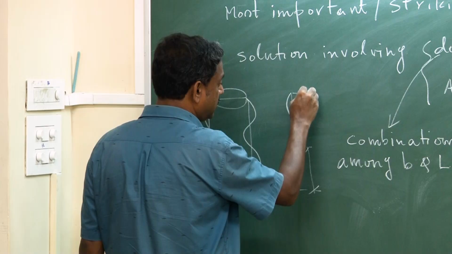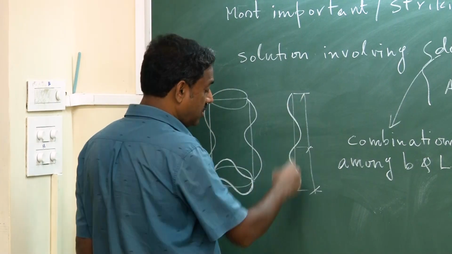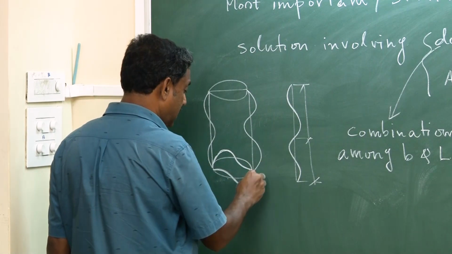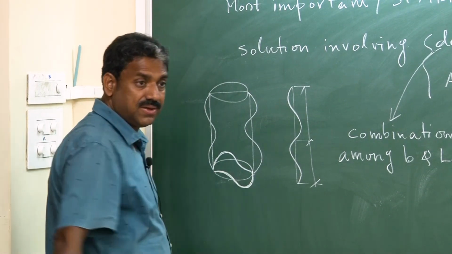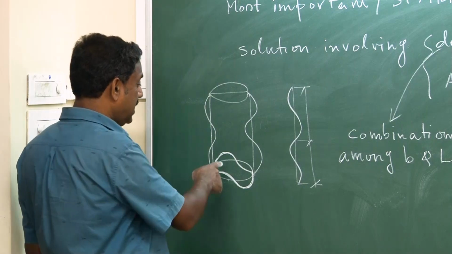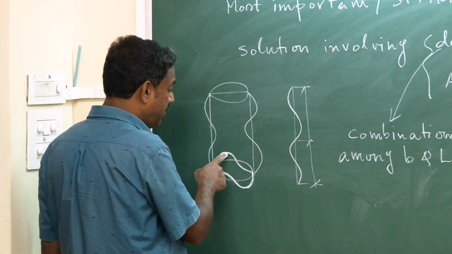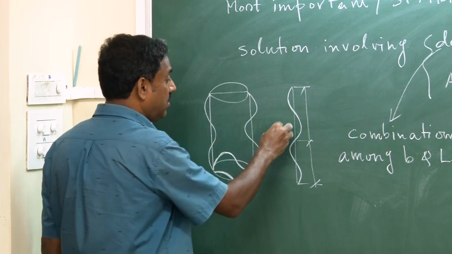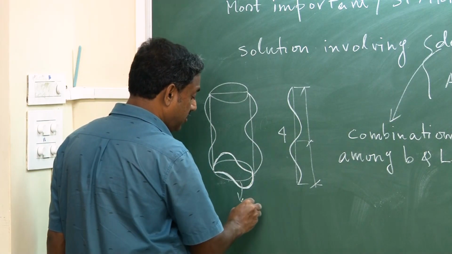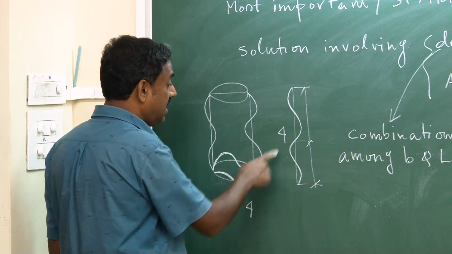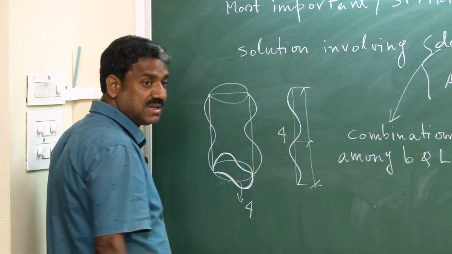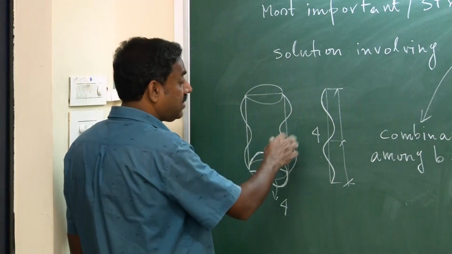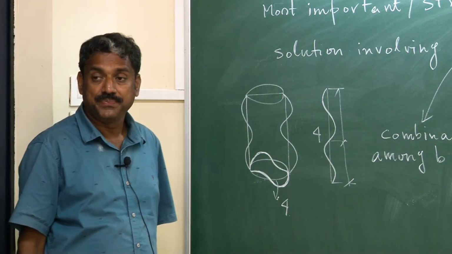So, the half wave number here is 1, 2, 3, 4, and here is 1, 2, 3, 4, right. So, there can be n number of combinations between the two, outward, inward, something like that. There can be various combinations, 4 into 4 type of combinations.